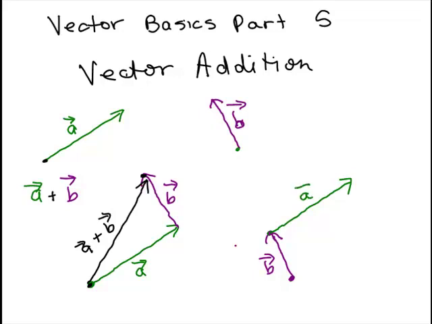So there's A. So this time I start with B and then I add on A, and then we draw from the beginning to the very end. Here's where I began, this is where I ended, and that is B plus A.